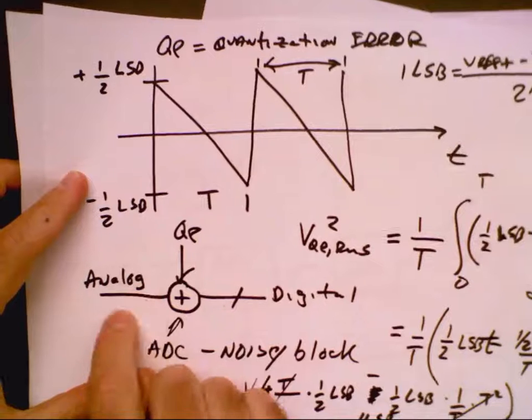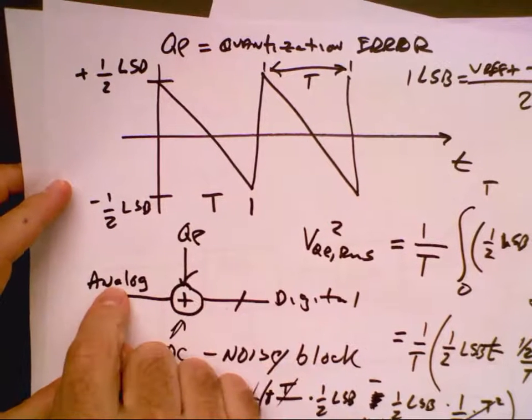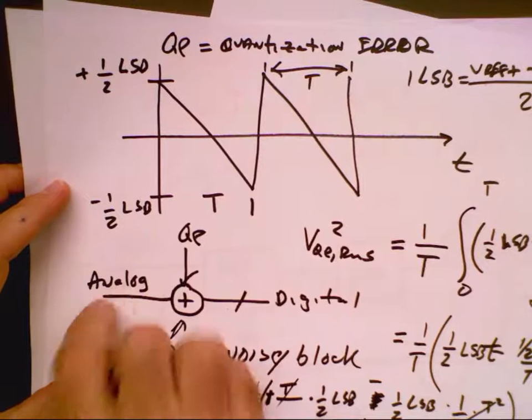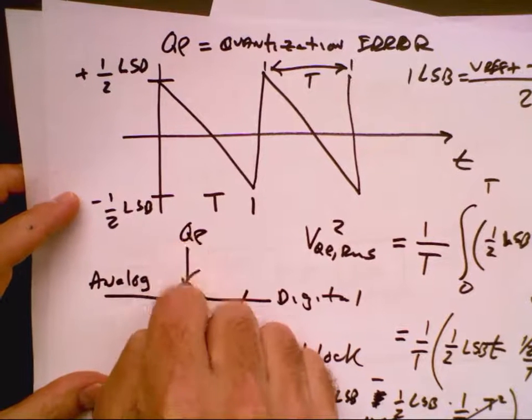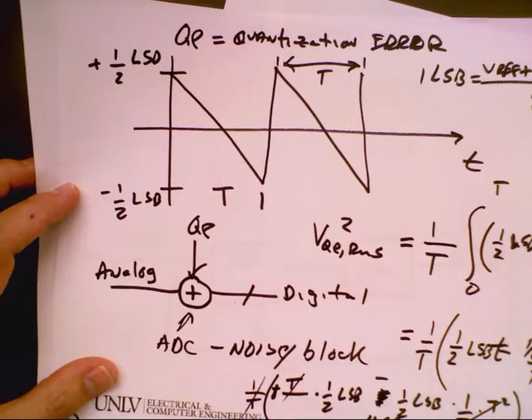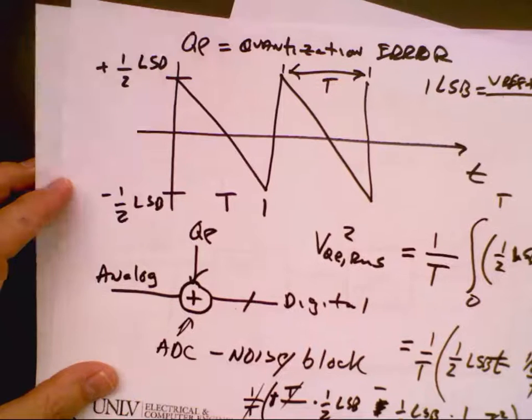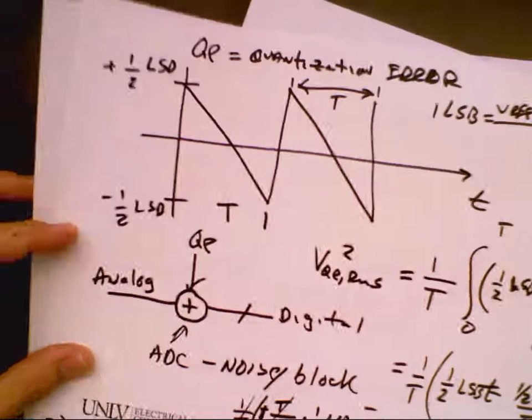I've got some analog input here, which I'm going to demonstrate right now, and I'm adding an RMS signal. It doesn't tell me what the spectral characteristics are. Is it DC or what? It's just an RMS value. It's just a power, if you will.